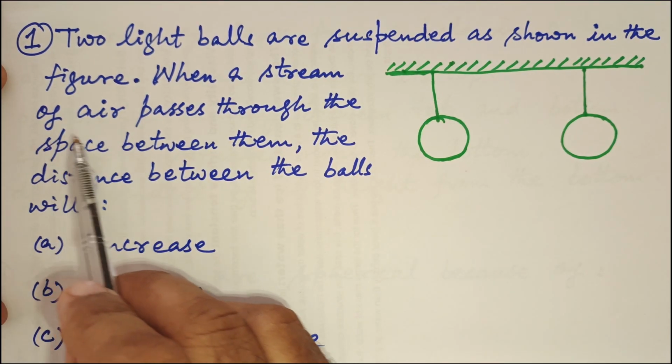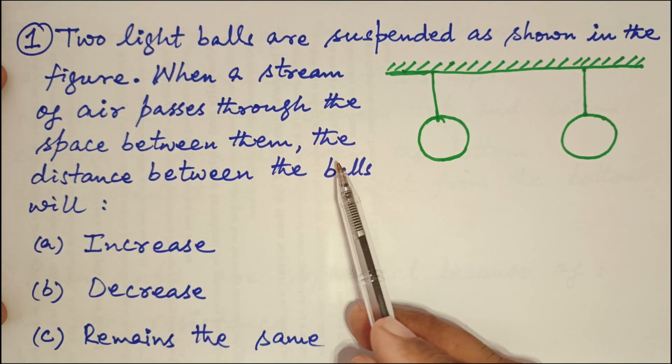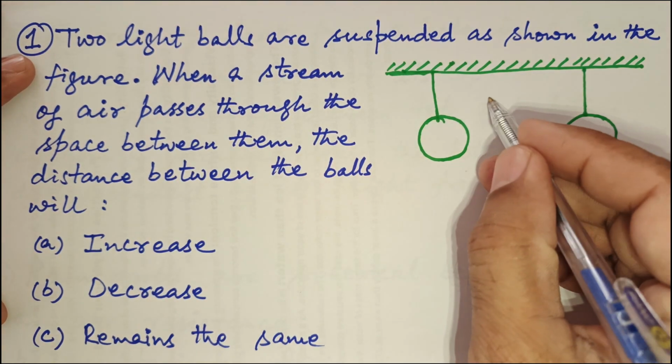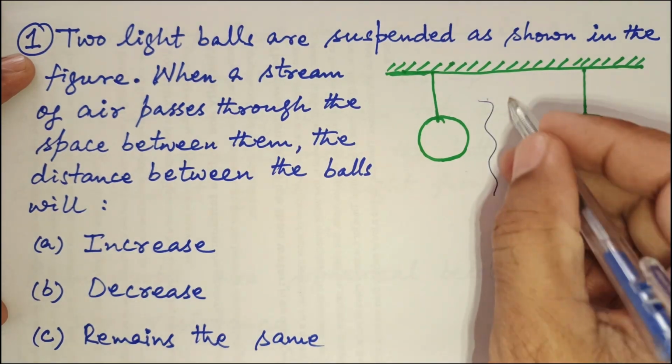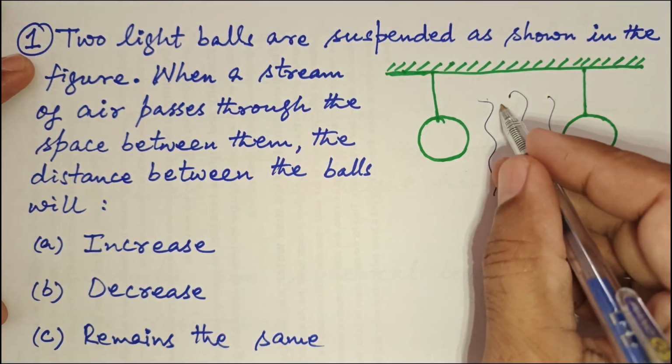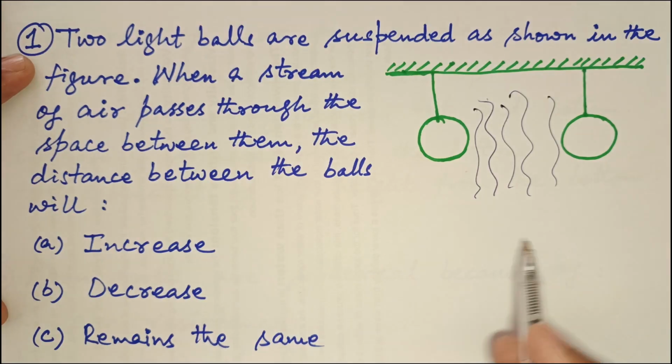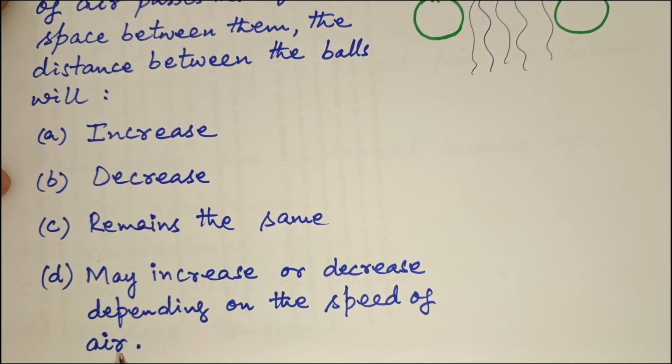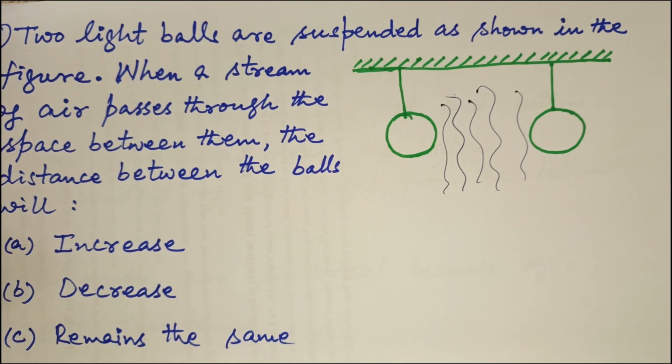When a stream of air passes through the space between them, like this, air is passing through them, okay, then what happened? The distance between them will be increased, decreased, remains the same, or may increase or decrease depending on the speed of air. What's the physics behind it?